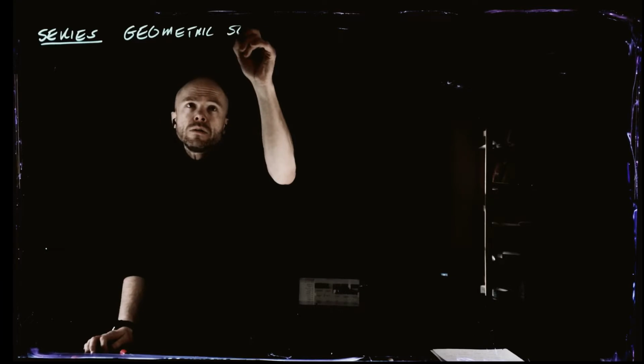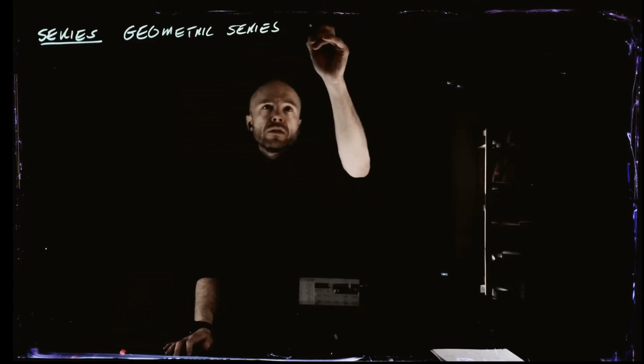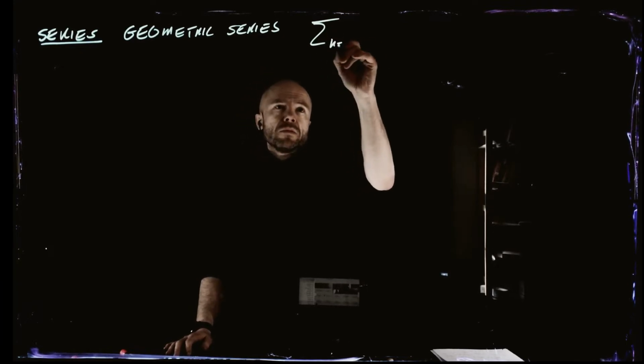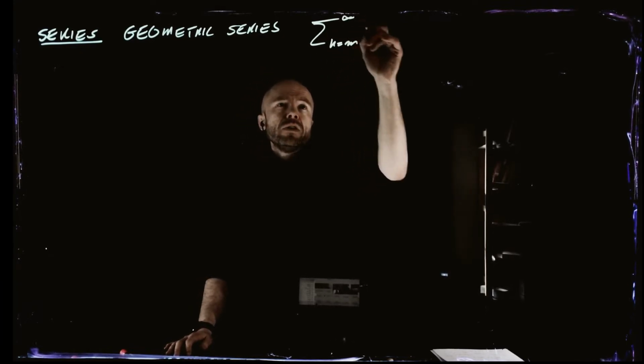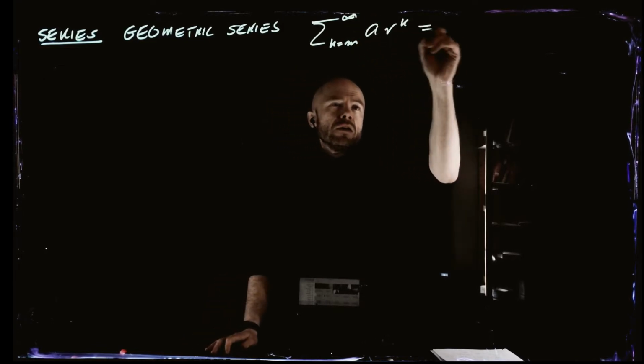Okay, let's get going. So, we were discussing series. And we learned about geometrical series, or geometric series, which were a series of the form like this. The most general form which we learned about was the sum from k equals m to infinity of a r to the k.